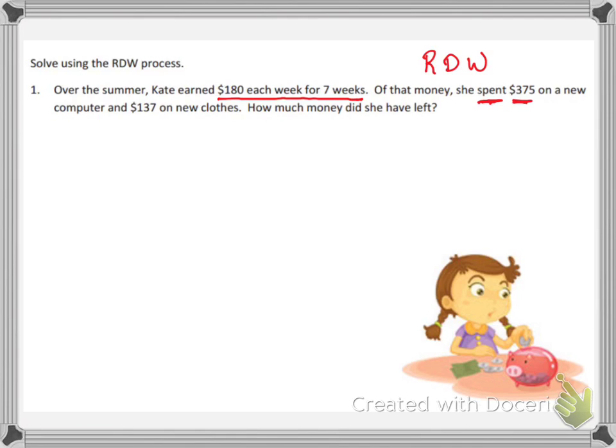So when we hear the word spent, we know that we're going to be taking away. And then she spent $137 on new clothes. So again, there's that other way we're going to be subtracting from that money. How much money did she have left? Again, that is a form of subtraction.